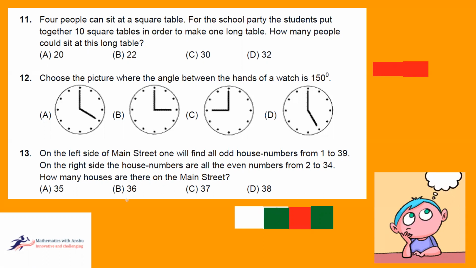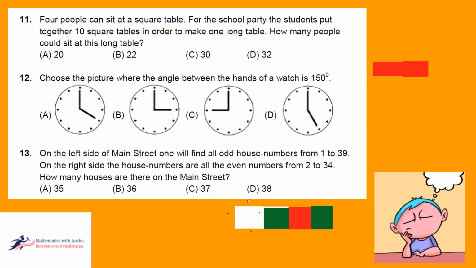Suppose 4 people sit here, here, here, here. For the school party, the students put 10 square tables in order to make one long table. How many people could sit?